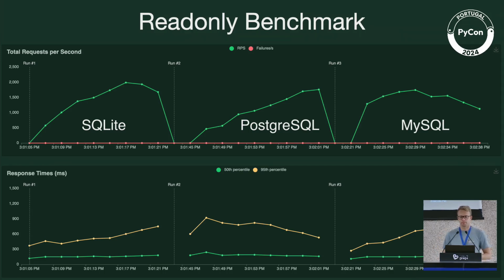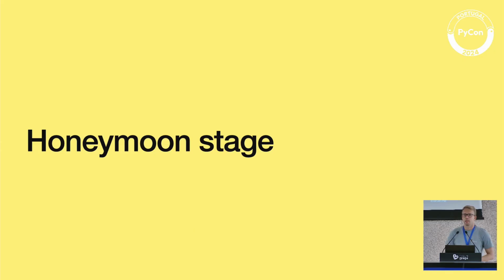So there were some optimizations done to get the numbers as high as they are for the other two databases. And this is SQLite out of the box, no configuration, nothing. So my relationship with SQLite at this point entered the honeymoon stage. It seemed like everything is possible, that we're going to have an amazing time, and this is the best solution ever.